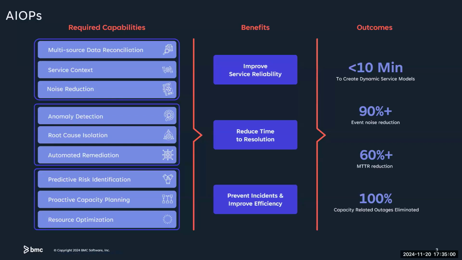Ultimately, if you think about what is continuous optimization or what is capacity management, depending on what every organization says, it's ultimately the solution that's going to help be more proactive and predictive. It's going to help you become more operationally efficient.